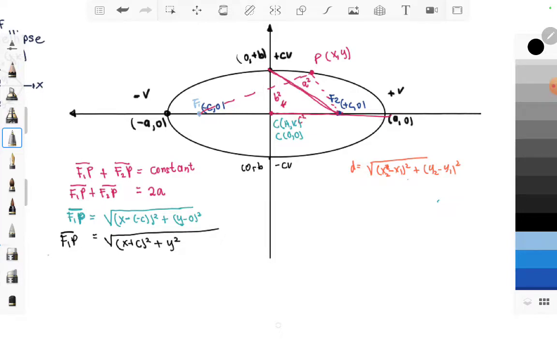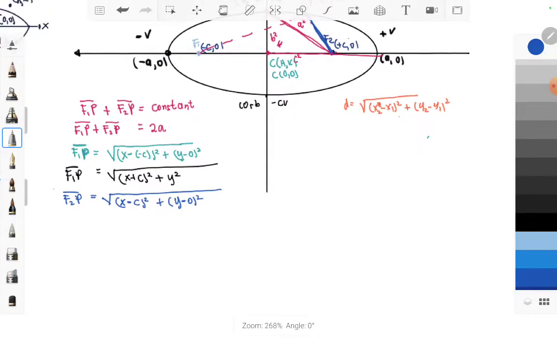Next is my f2p, which is from my f2 to this point p. So my f2p is equal to the square root of x minus positive c, so x minus c square plus y minus 0 square.